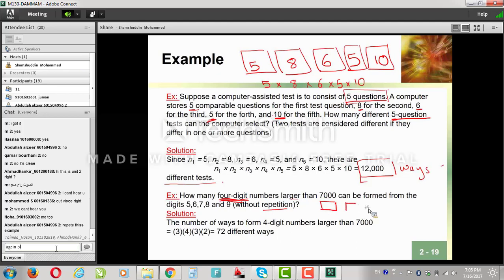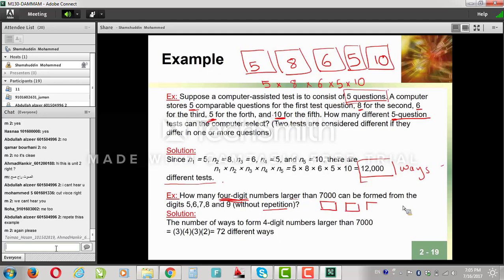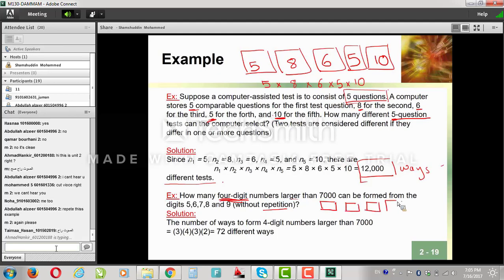The number of permutations in this case is n factorial over n1 factorial up to nk factorial.